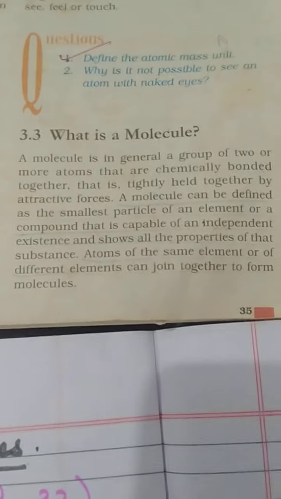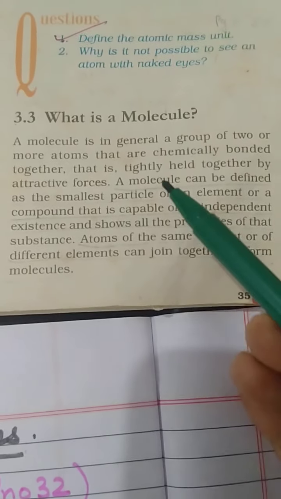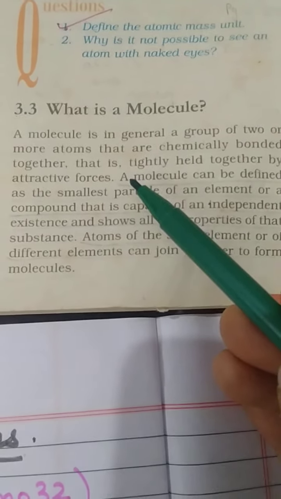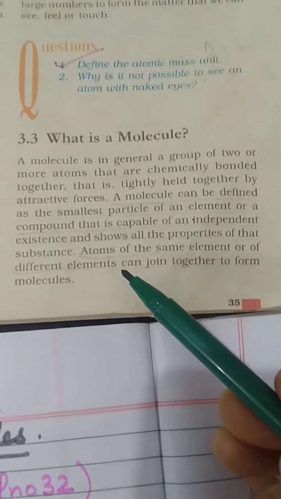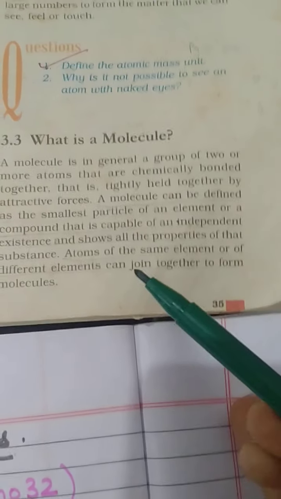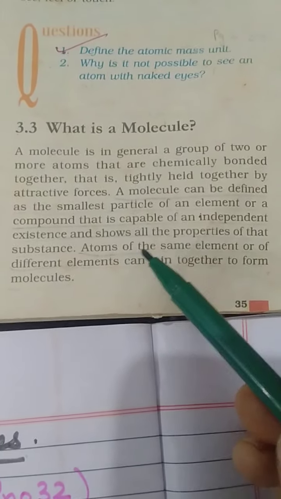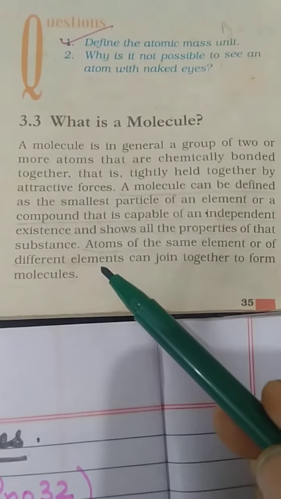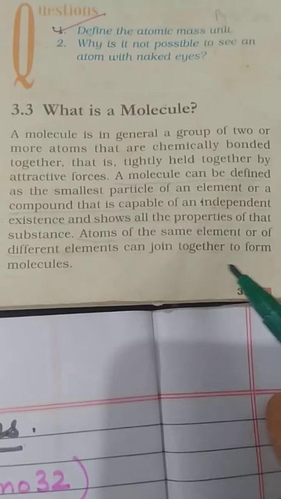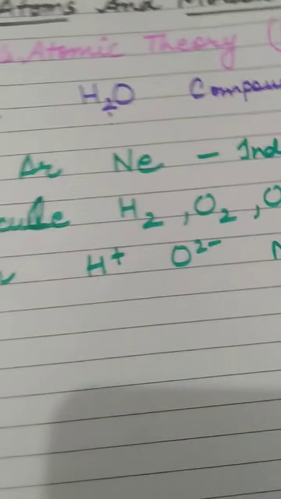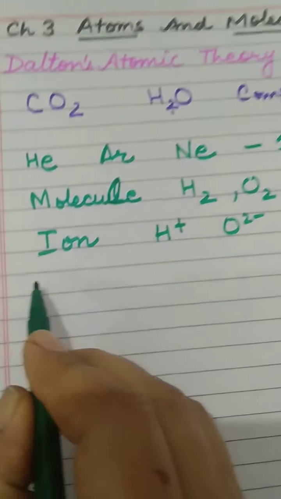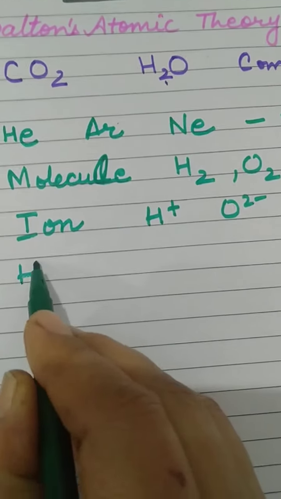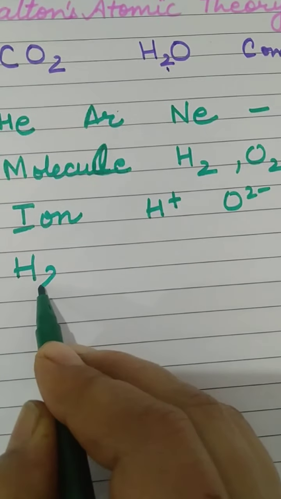Now first, what is a molecule? Students, the definition is given on the 4th line. But in simple terms, I am explaining what a molecule is. When atoms of the same element or different elements join together, they form a molecule. I will explain with this example. For example, hydrogen, H2.